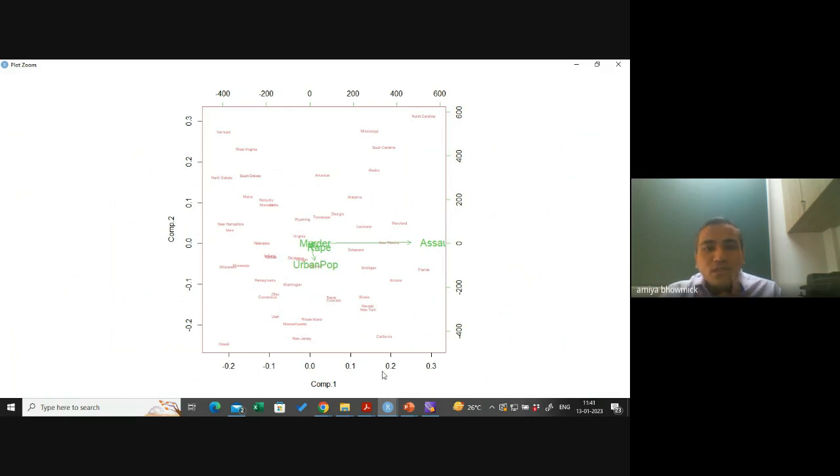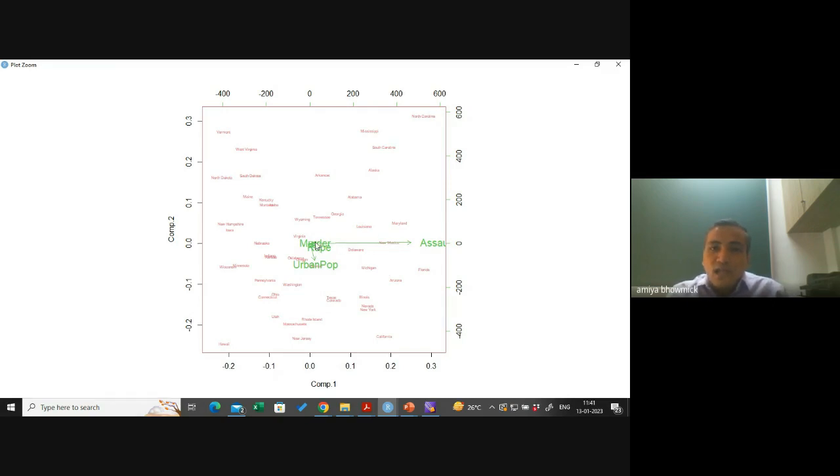Now as you observe, this vector Assault, this variable Assault, and principal component 1 are almost parallel, right? So that means the maximum deviation is almost explained along the direction of Assault only. So in constructing the principal component, this direction is very important.